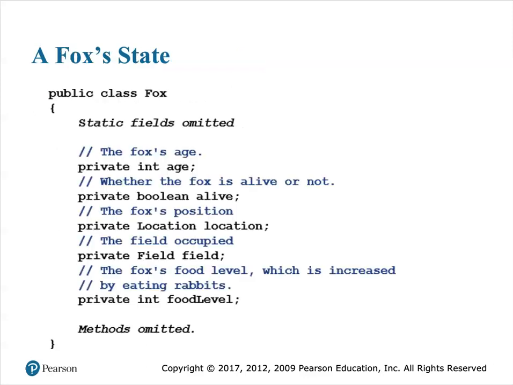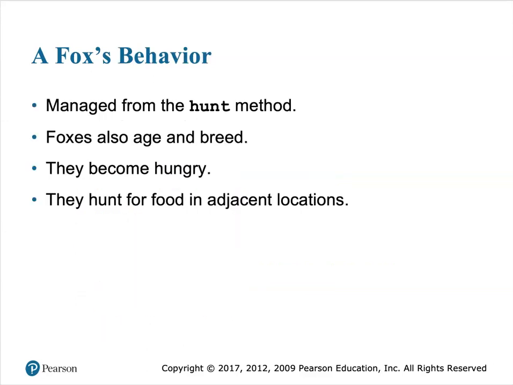While you're thinking about rabbits, though, let's take a peek at foxes. A fox also has an age, also knows whether or not it's alive, also has a location, also has the field that the location is in, and has a food level. What a fox does is it hunts.